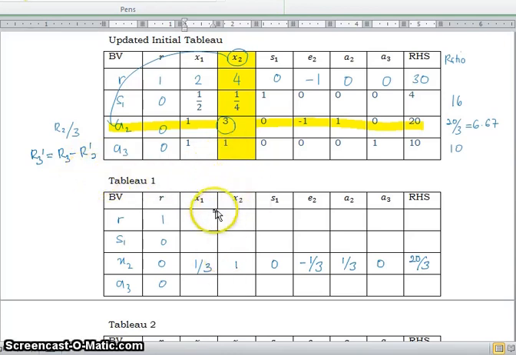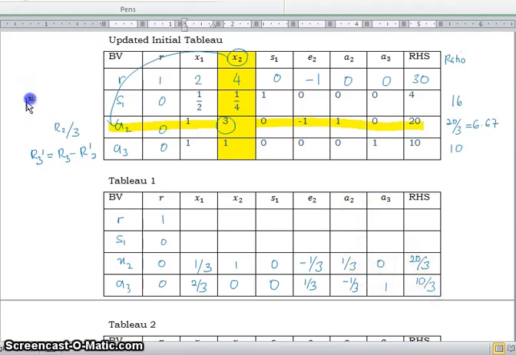Okay, so we will get 2/3, 0, 0, 1/3, negative 1/3 and 1, and the right hand side is 10/3.